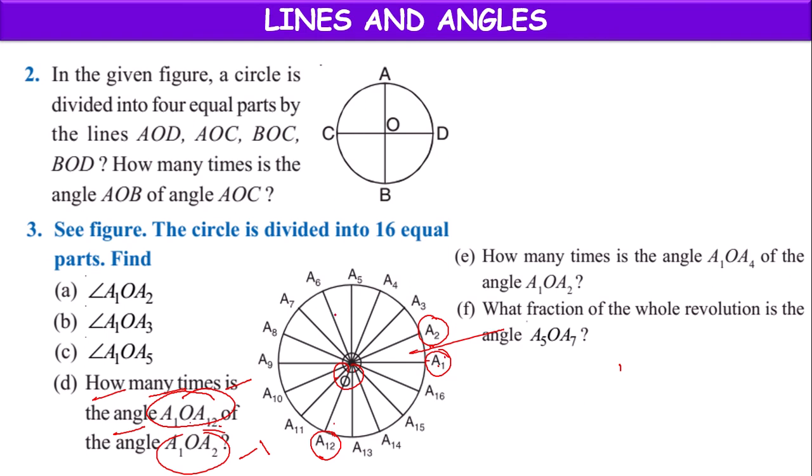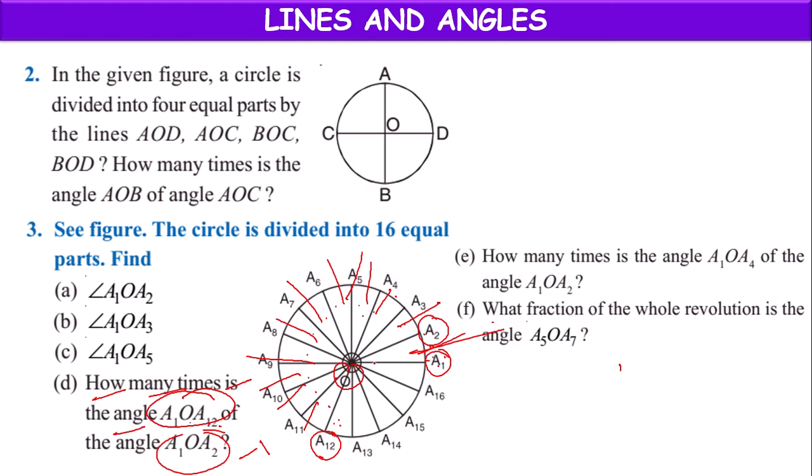We have to count like this, because the rotation started from A1, A2, A3 like that. We have to count the parts like this: 1, 2, 3, 4, 5, 6, 7, 8, 9, 10, 11, up to A12. 11 parts here.